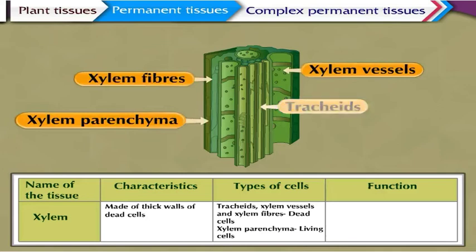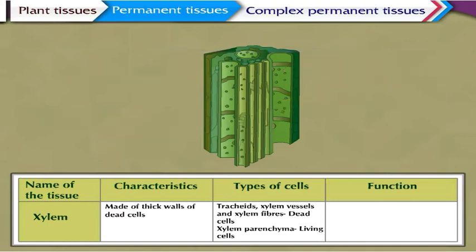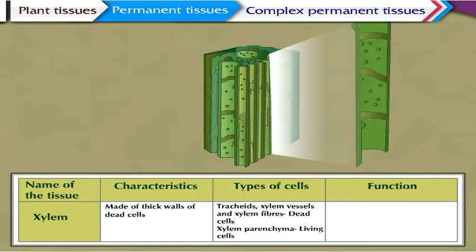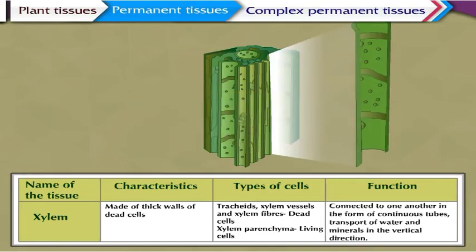Of these tracheids, xylem vessels and xylem fibers are dead cells, while xylem parenchyma are living cells. The cells of these tissues are in the form of continuous tubes. This allows the transport of water and minerals only in the vertical direction from the bottom to the top.